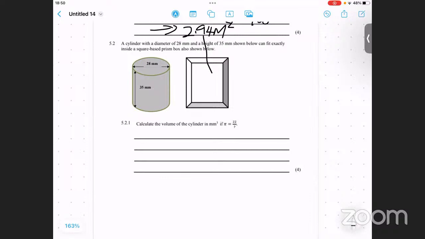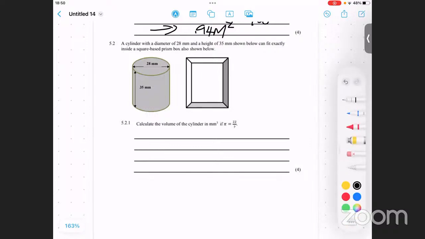They say a cylinder with a diameter of 28 millimeters and a height of 35 millimeters, shown below, can fit exactly inside a square-based prism, also shown below.